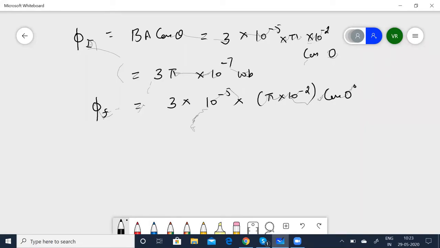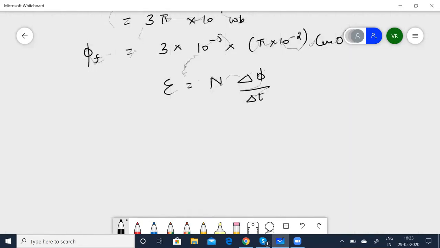So, magnitude, you know, E is equal to N into delta phi by delta T. So that is now going to give you the estimated value of induced EMF, which is E is equal to N delta phi by delta T. Now, it is given that N is equal to 500, so that is equal to 500 into initial flux plus final flux totally, that is 6 pi into 10 to the power of minus, oh sorry children, this is 10 to the power of minus 7.